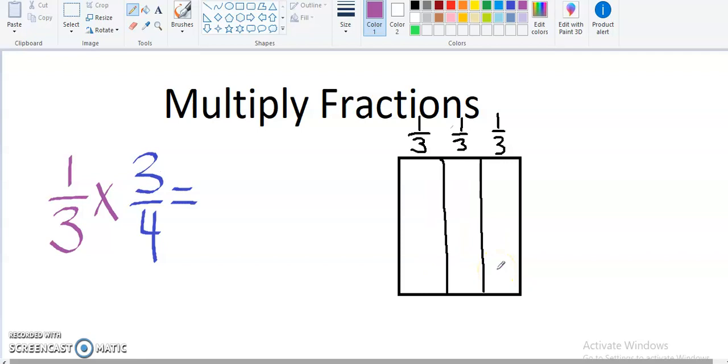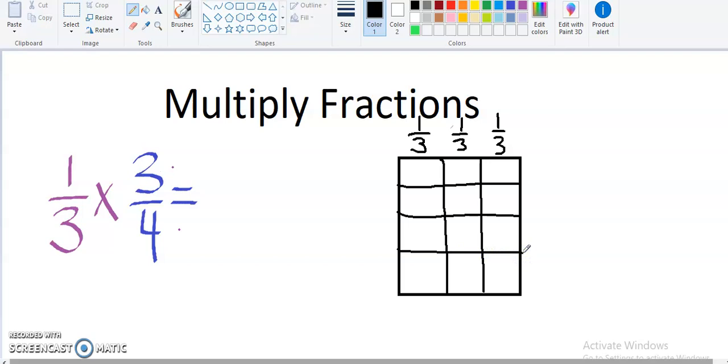Now let's look at 3/4. The 4 tells us that the length of this unit is 4, but we only want to shade in 3. So let me switch to black, and let me divide this into 4 equal parts. It's 1, 2, 3, and 4.